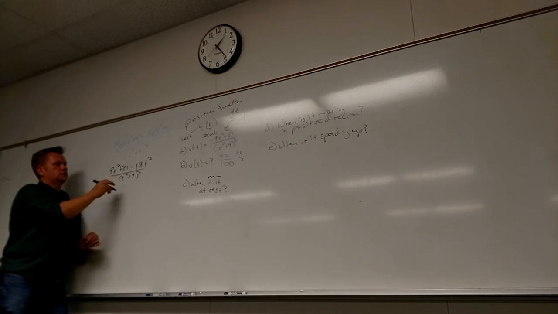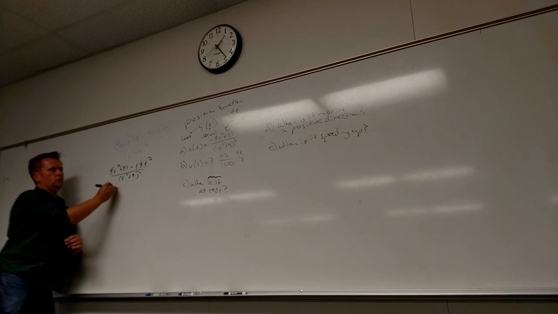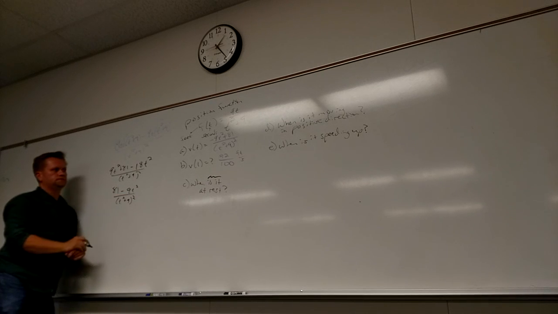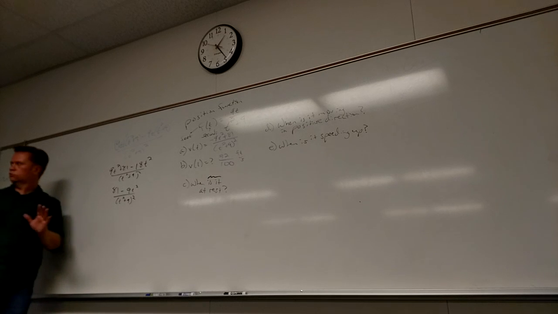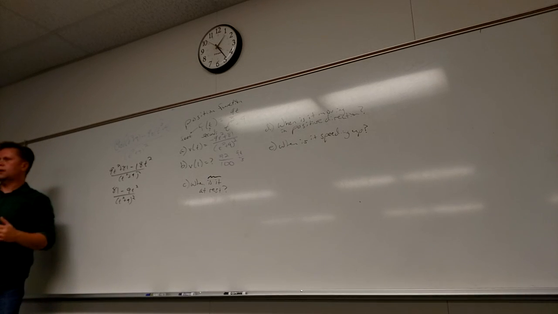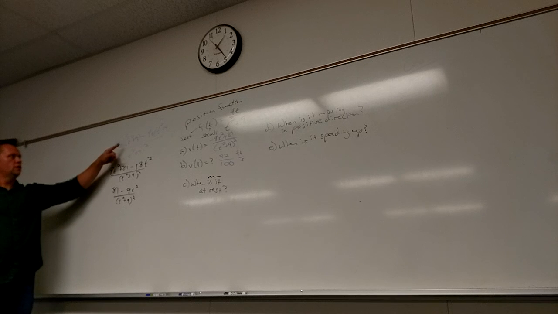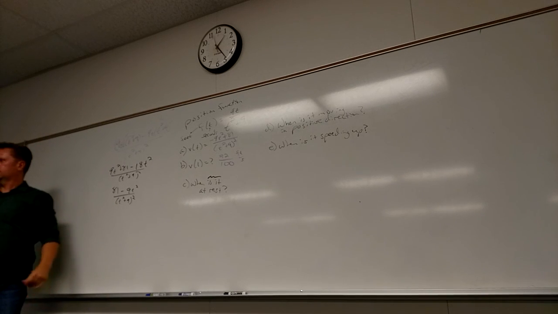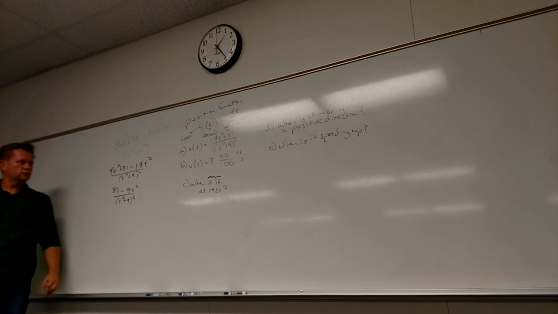And then you get 81 minus 9t squared over t squared plus 9 squared. Cool, just quotient rule. Top first, so you do the derivative of the top first. That's the most important part of that. That's why that's the only song I'm going to make.